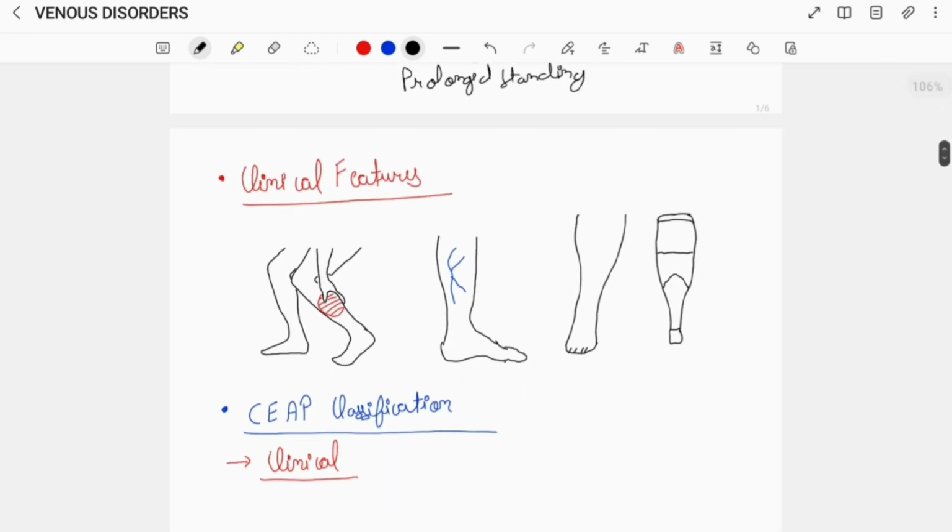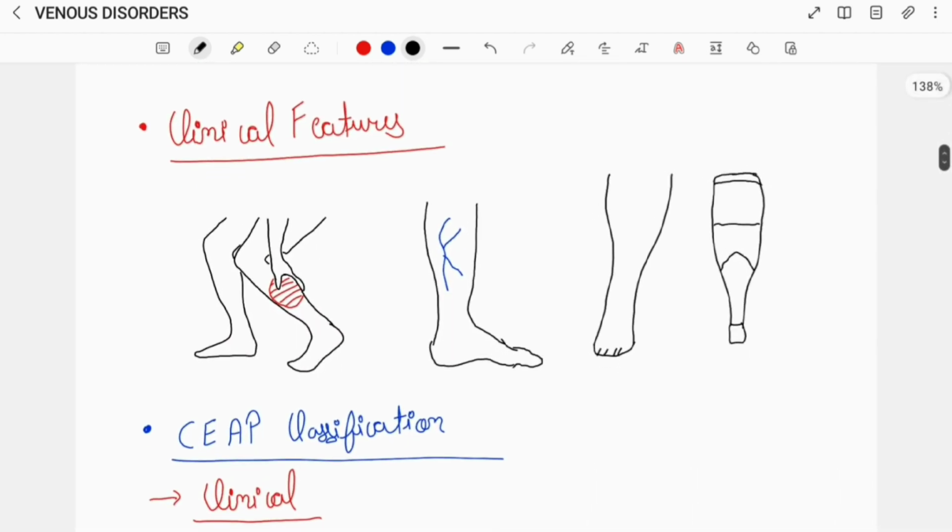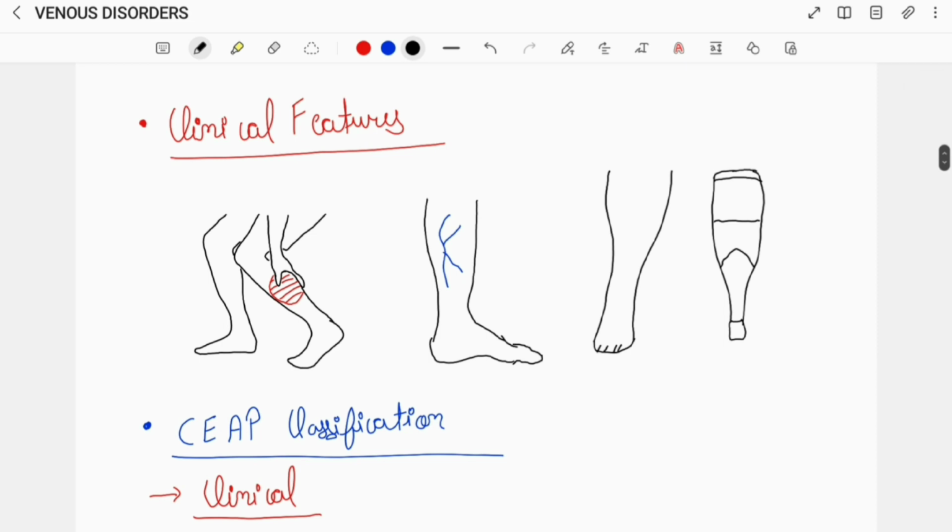etiopathogenesis. If I talk about the clinical features, then the patient may complain of pain, and he or she may describe this pain as dull aching. You may see the dilated veins, as you can see in this diagram.